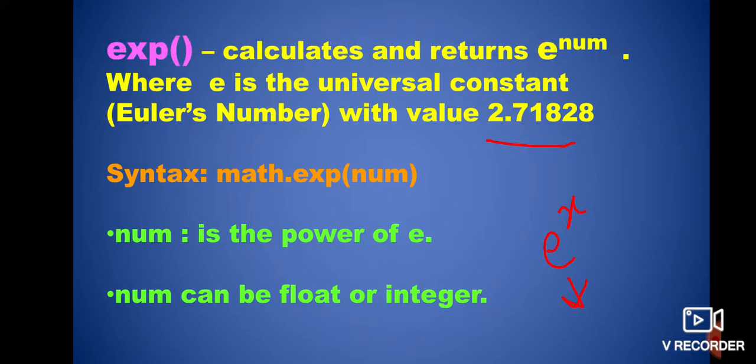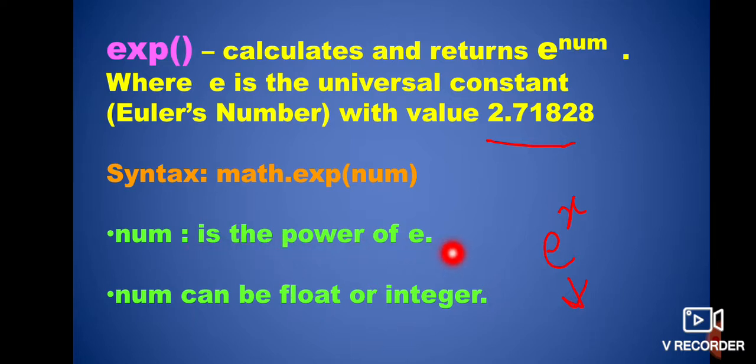Clear? So here you can see that in the syntax you have to only pass one value, that is num, and num is the power. See here. Okay, and it will take the value of E, means the base E is taken implicitly. खुद ही ये बेस E बना लेगा, लेकिन आपको पावर बतानी पड़ेगी. So num, what is num?